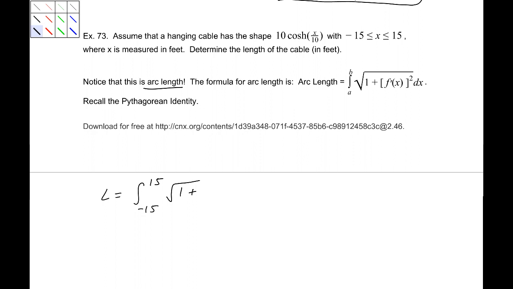Now our Pythagorean identity here is going to say this becomes the square root of hyperbolic cosine squared of x over 10, which is the square root of something squared, so the integral from negative 15 to 15 of hyperbolic cosine of x over 10 dx.